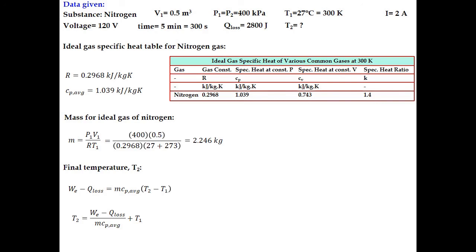Cp here refers to Cp average. Substitute the values, and we get the temperature T2 equal to 56.65 degrees Celsius, or 329.65 Kelvin.